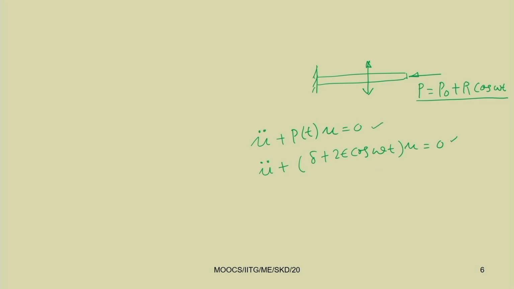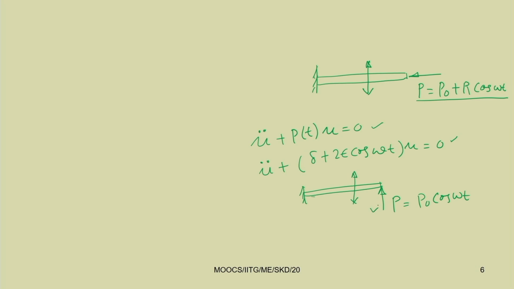If you compare this equation with a system which is directly excited, for example, here you have applied a force P equal to P0 cos omega t, and the system is moving in the transverse direction also.